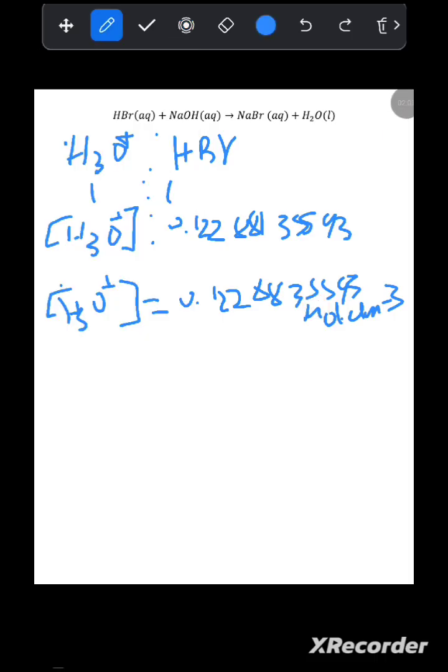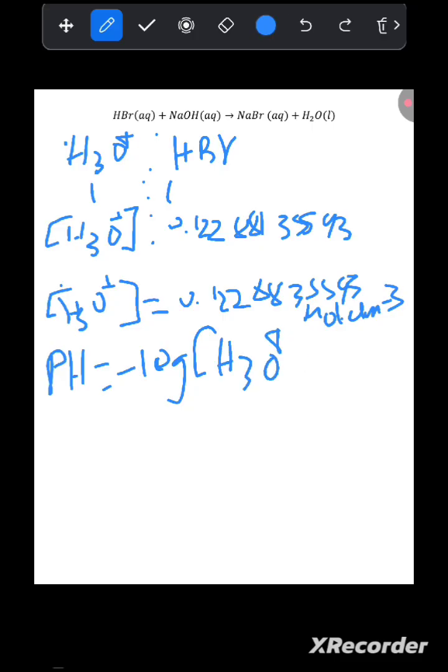Now the pH is equal to negative log concentration of hydronium ion. Negative log concentration of hydronium ions. Use square brackets.